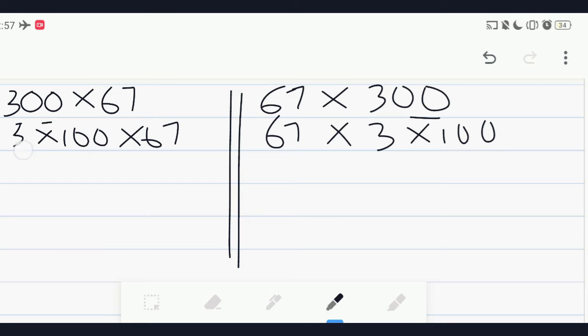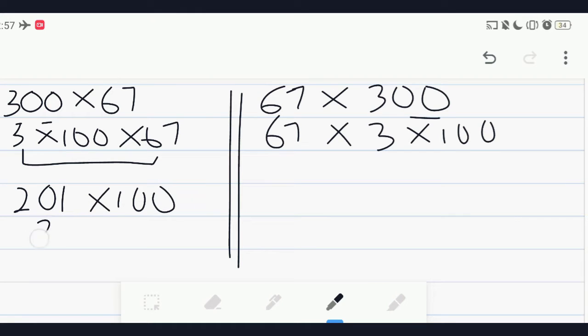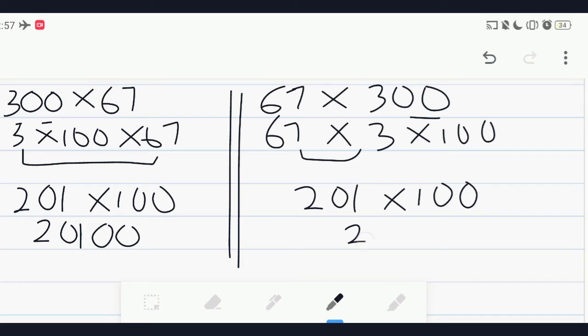It will be the same. So I will use 201 times 100, and the answer will be 20,100, the same as the left one. This one is for multiplication.